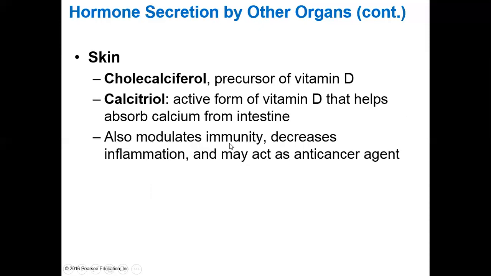And then the skin produces this calcitriol, which is a precursor to vitamin D. So remember when we said that UV has to absorb through the skin in order for you to synthesize vitamin D. This is the precursor. And without the precursor, we won't get vitamin D. Calcitriol is the active form of vitamin D, and that helps with, of course, the absorption of calcium in the intestine. Talked about that today as well.